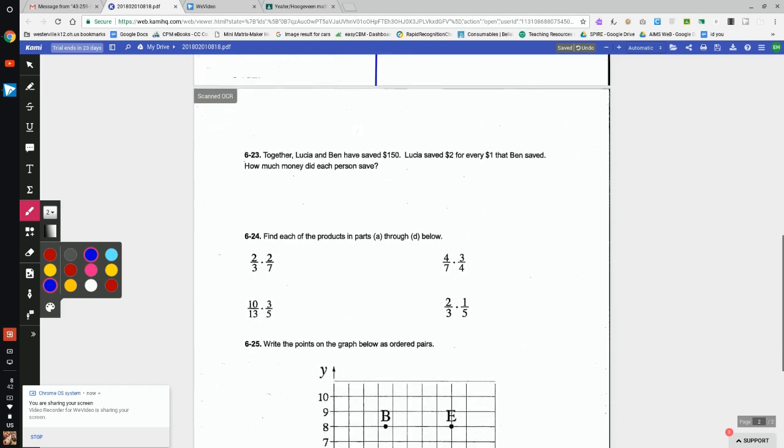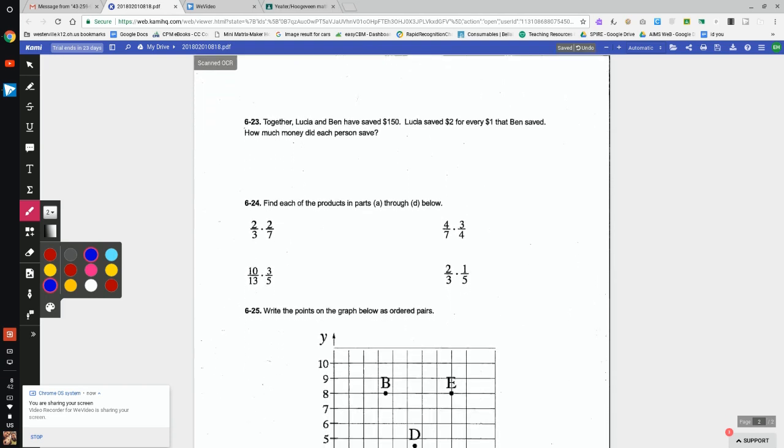Moving on to the back, we have 623 here. Together, Lucia and Ben have saved $150. Lucia saved $2 for every $1 that Ben saved. How much money did each person have? All right, so this is kind of a tough one here. You might have to do a lot of math to get to it. But again, they've saved $150 together.